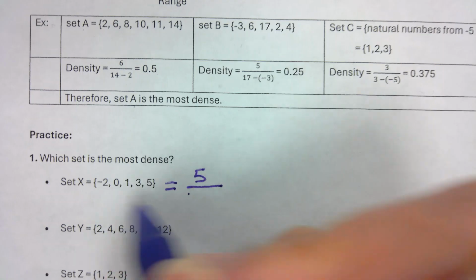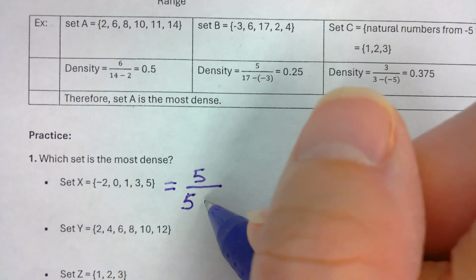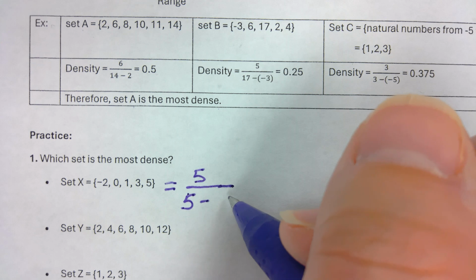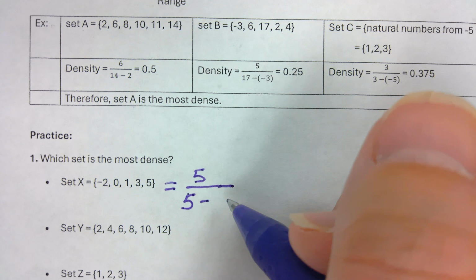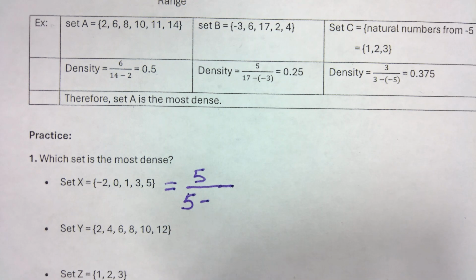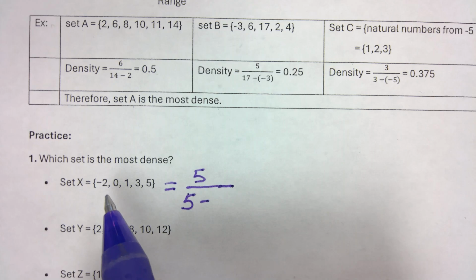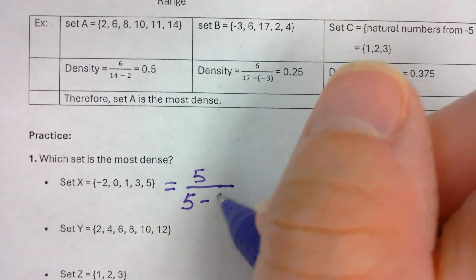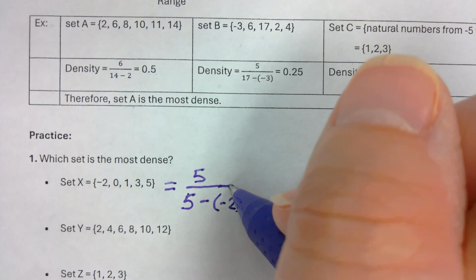So what's your biggest number here? Okay, and your smallest? Less than that. So your smallest number in this whole set. Yeah. Okay. -2 is the smallest number.